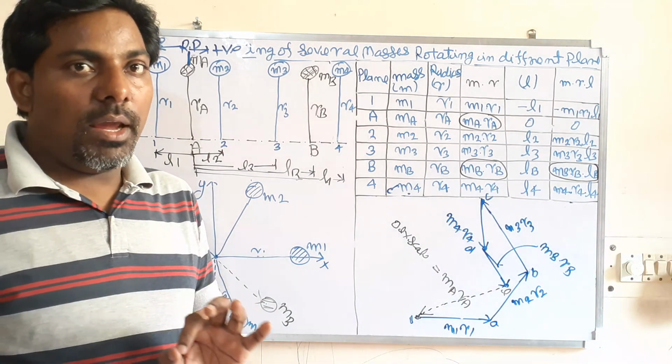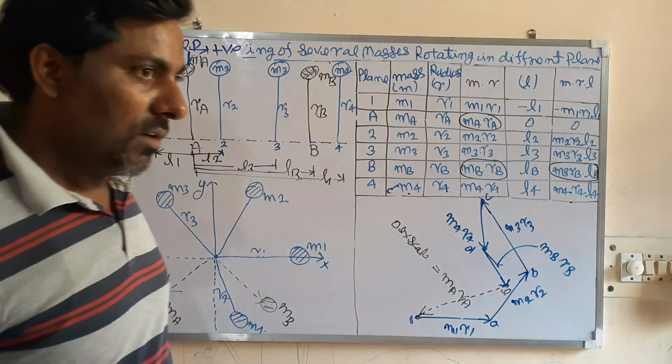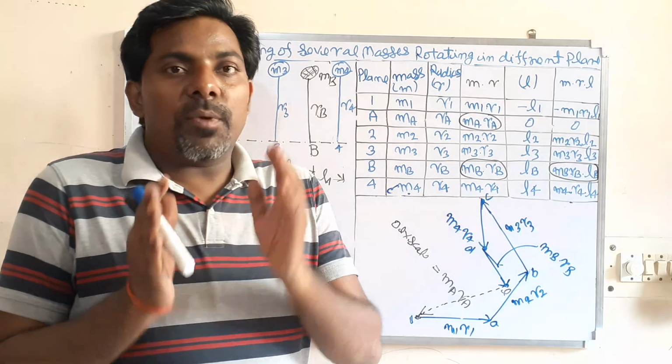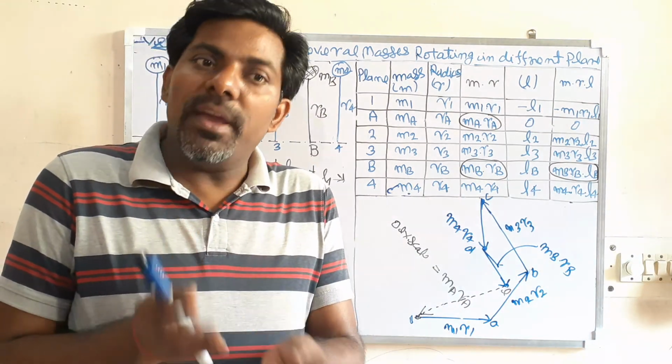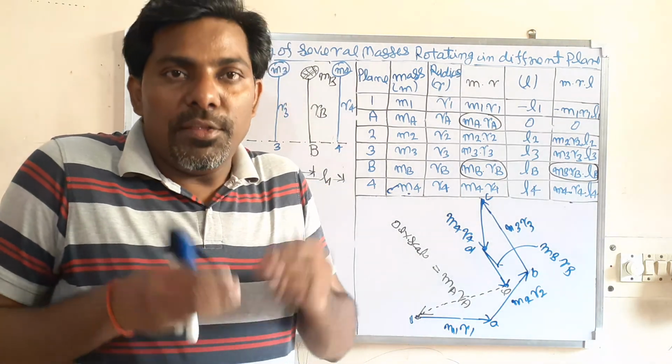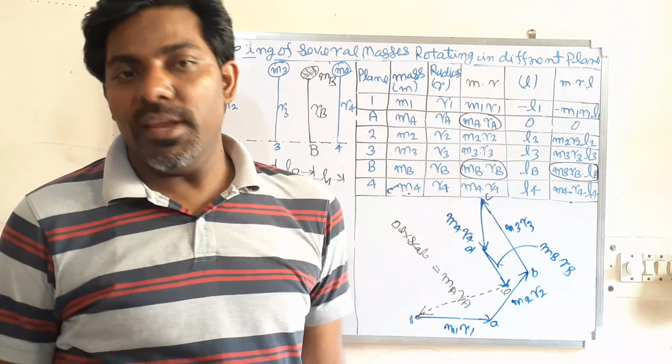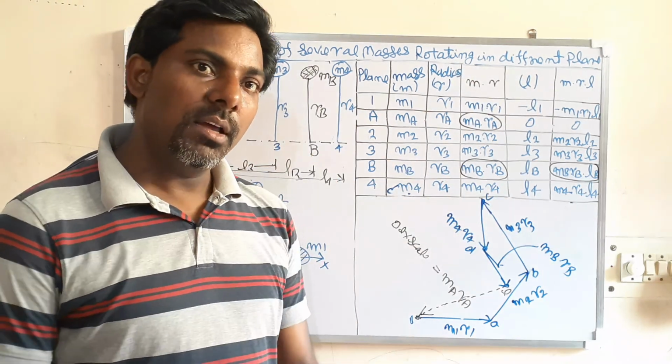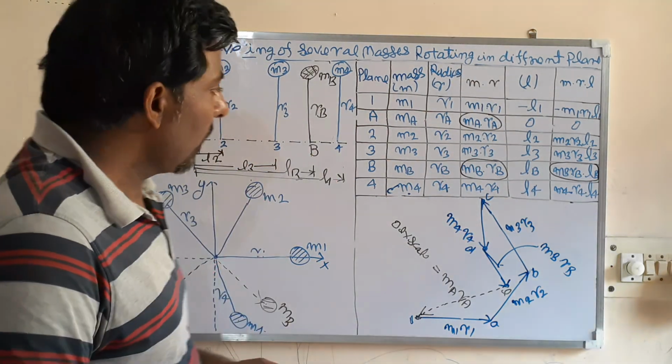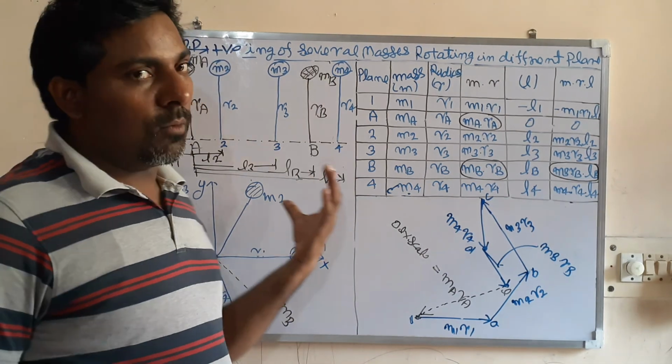So a total of 8 unknowns are there. So in the problem some of the unknown values will be given and they will ask to calculate the remaining ones. Okay. So in that way you can solve any problem.